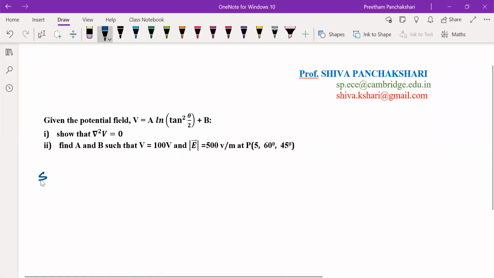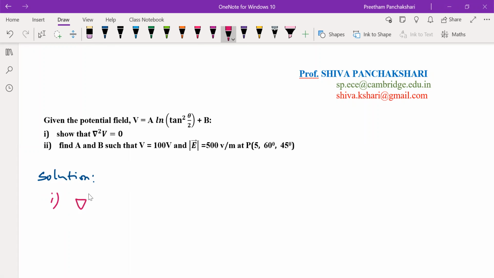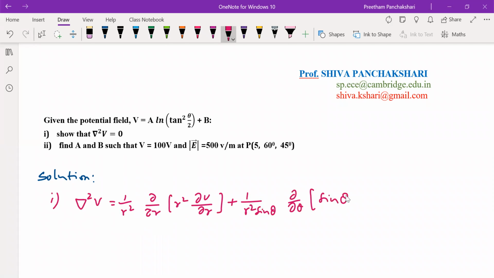So first, let us start. To verify del square V, consider del square V. In spherical coordinate system, its expansion is 1 by r square, dou by dou r, r square into dou V by dou r, plus the second term is 1 by r square sine theta, dou by dou theta, sine theta into dou V by dou theta.